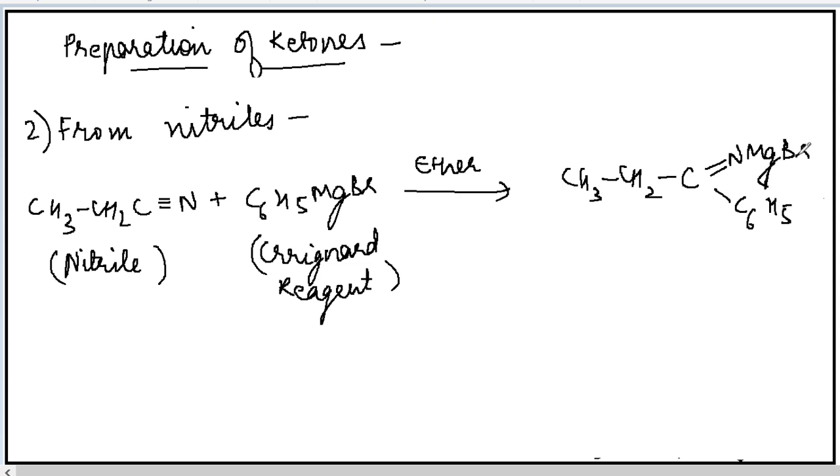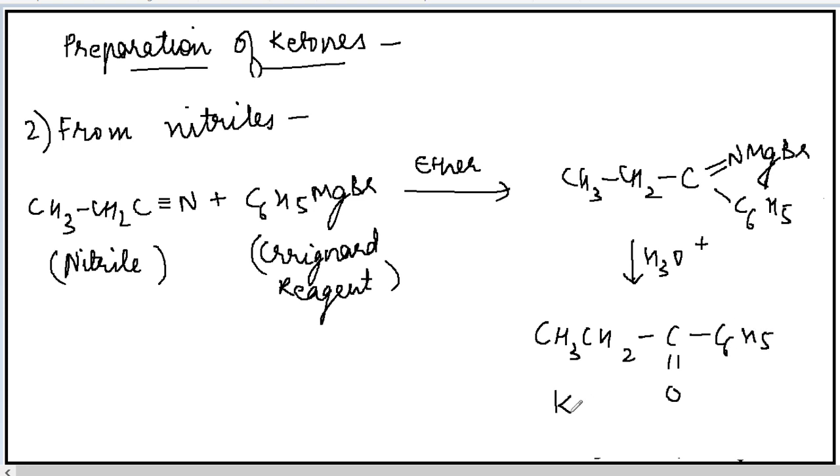So when nitriles react with Grignard reagent, this intermediate is formed, and this intermediate further undergoes hydrolysis, and as a result ketone is formed. This is the ketone. So this is how from nitriles we can prepare ketone.